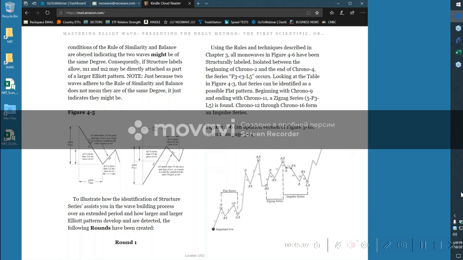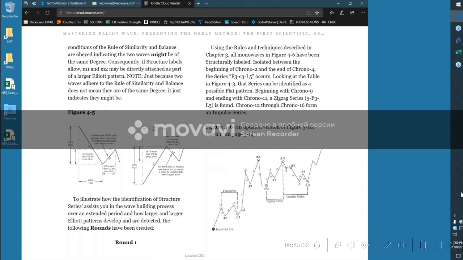And following the rule of similarity and balance is going to help you piece together patterns properly, by not comparing patterns that are too small in price and time to patterns that are much larger, or not comparing patterns that are much bigger to patterns that are much smaller. So if I were to look at this chart, let's say this move right here, it makes no sense to compare this move to this pattern here.